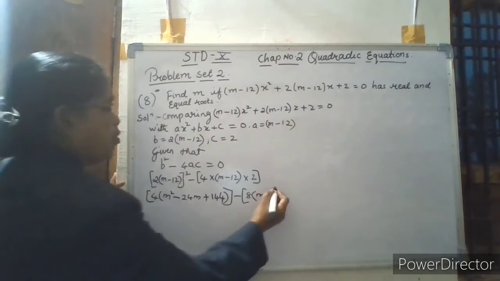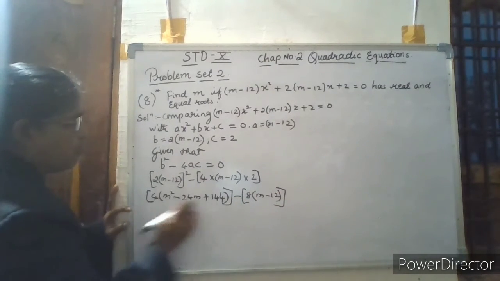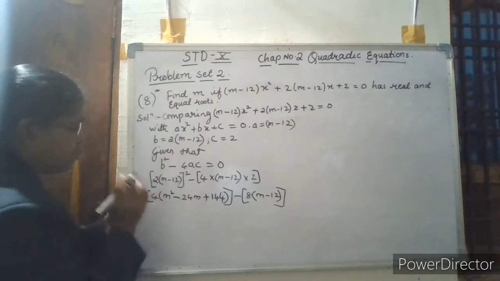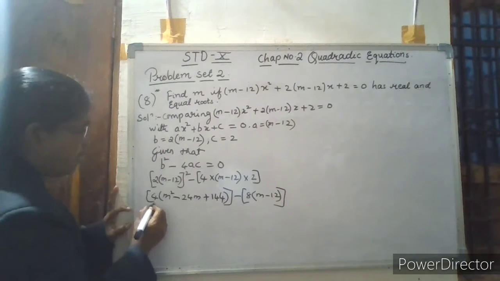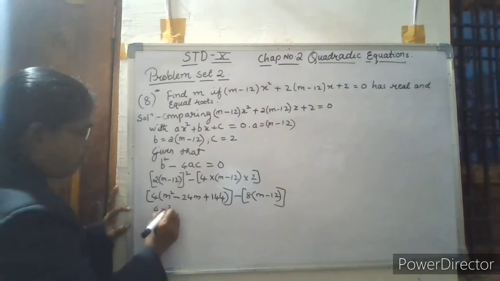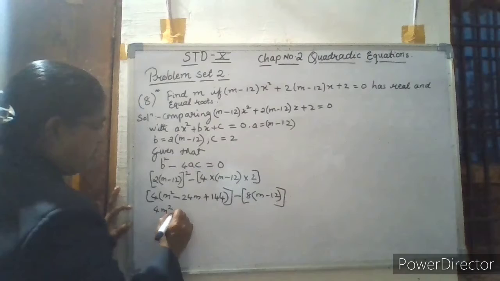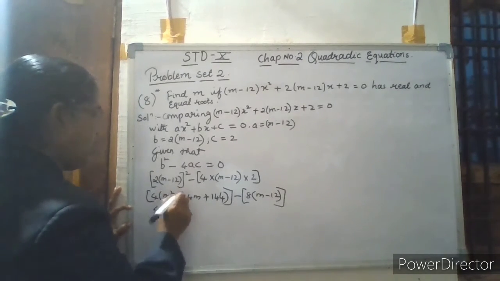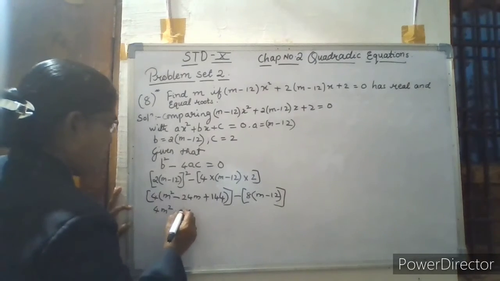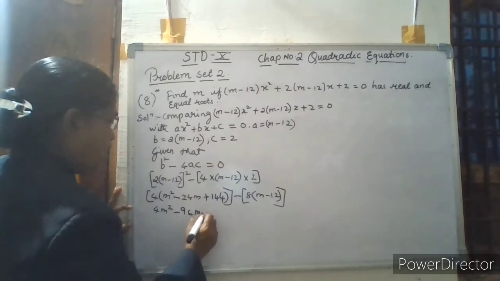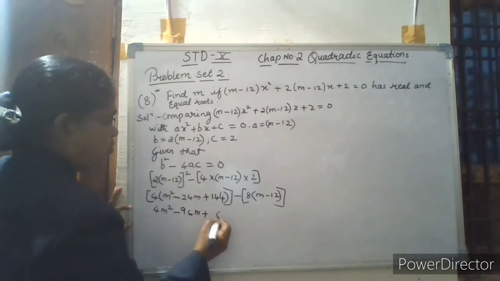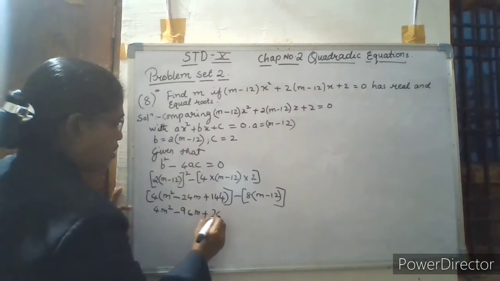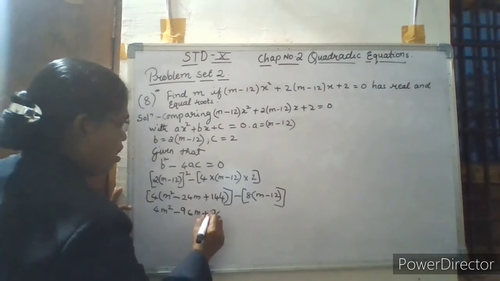Now, what you have to do is this quadratic equation, multiply it by 4. So, we get 4m squared minus 4 4s are 16, carry 1, 4 9s are 36 plus 1, 96m, then plus 4 4s are 16, carry 1, 4 4s are 16 plus 1, 17, then 4 1s are 4.